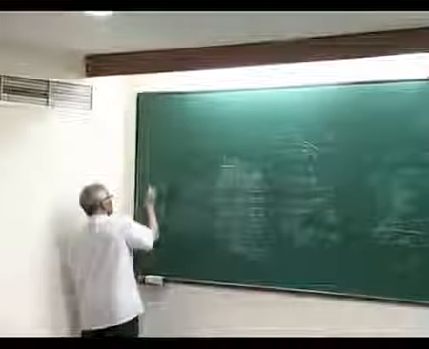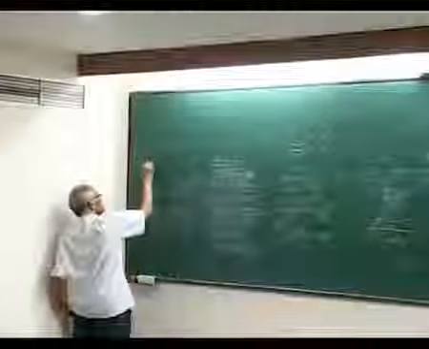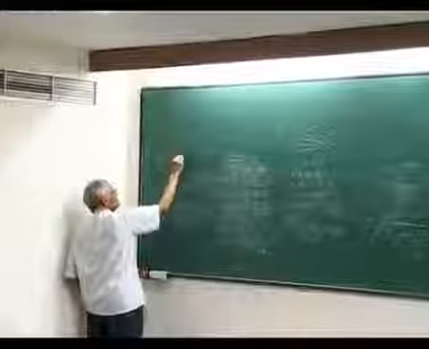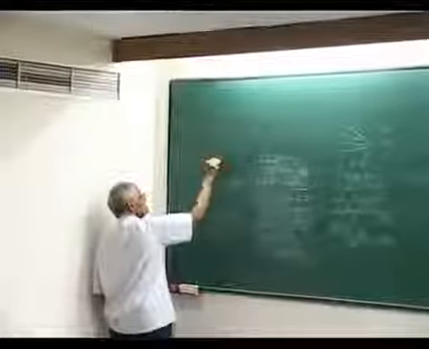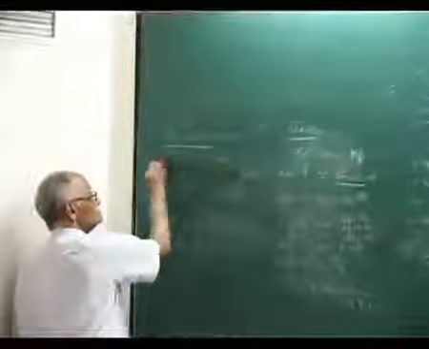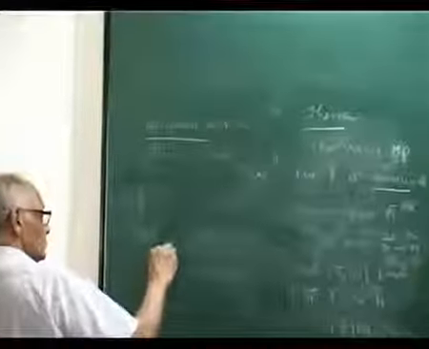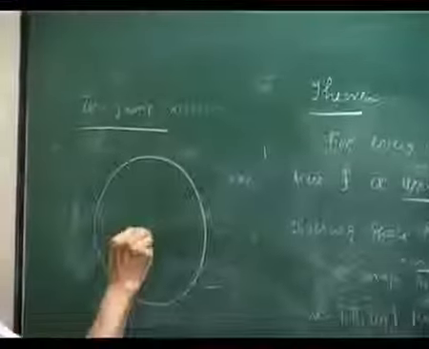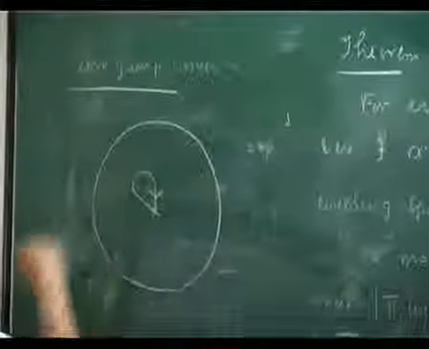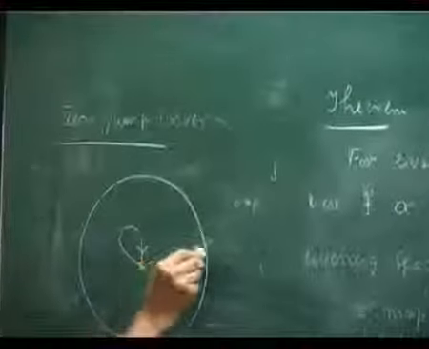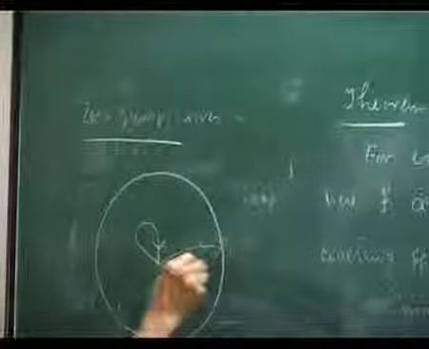Now let me look at closed curves, zero jump curves. I start here. A zero jump curve may be like this, or it may go touch the boundary and come back.